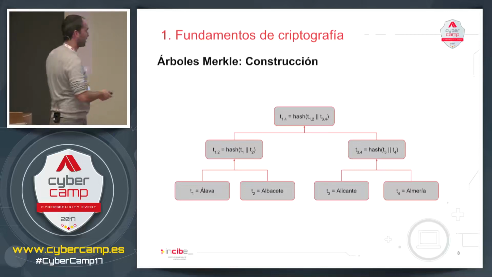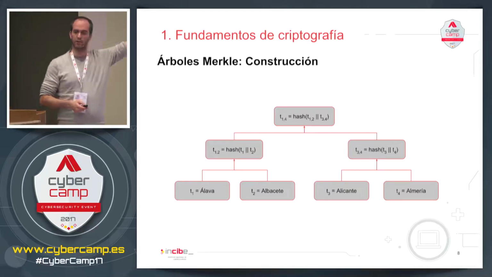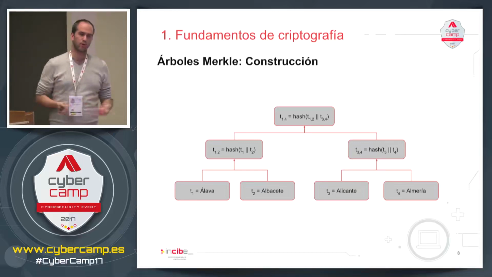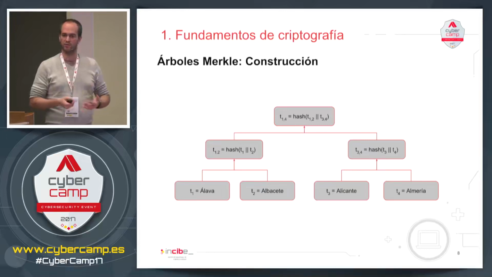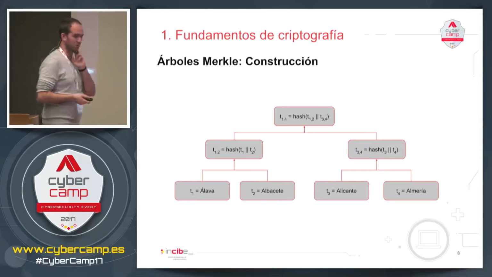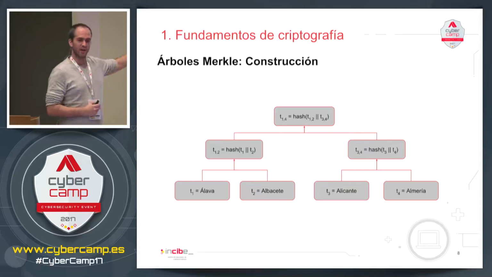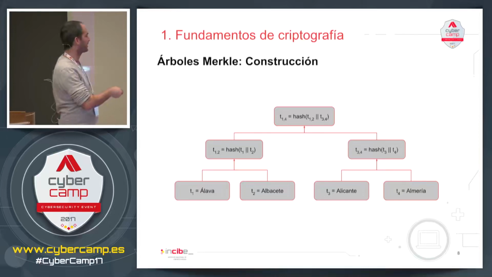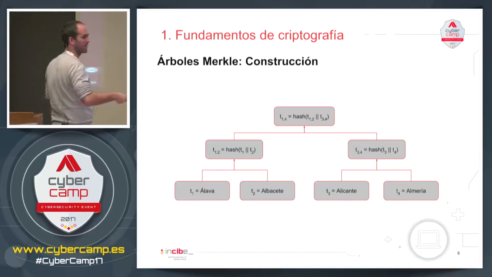Got it? Now, let's just imagine somebody comes along and says, okay, I want to do this hash tree with 4 nodes, Álava, Albacete, Alicante, Almería, which are the 4 cities in Spain where they best pay government taxes. And Zaragoza suddenly appears. And Zaragoza wants to prove that they're being accused of not paying their taxes to the government, and they want to prove that they are a member here.